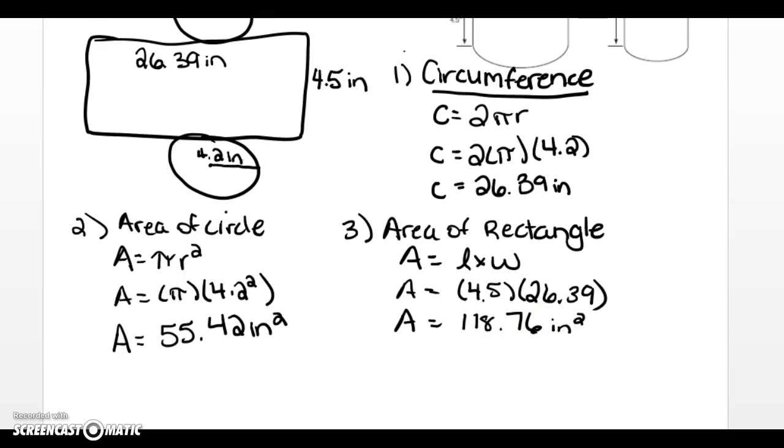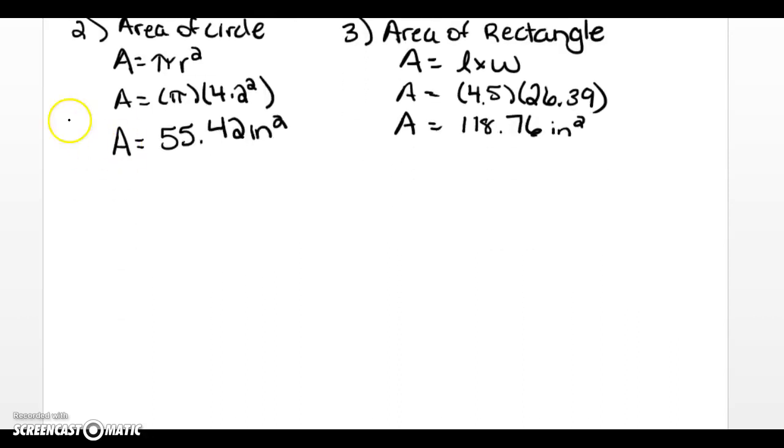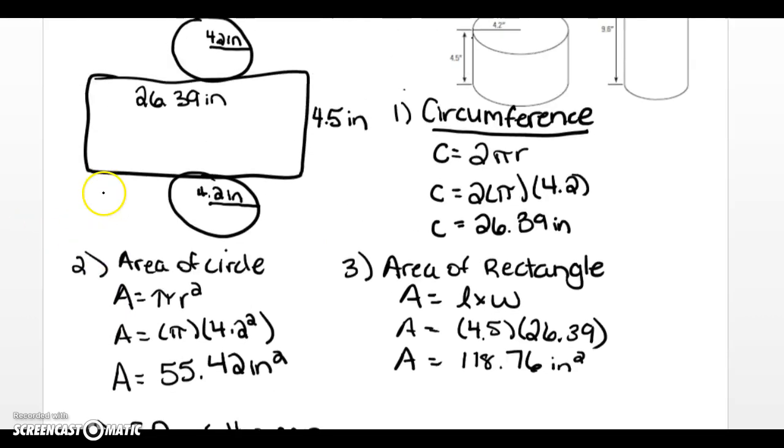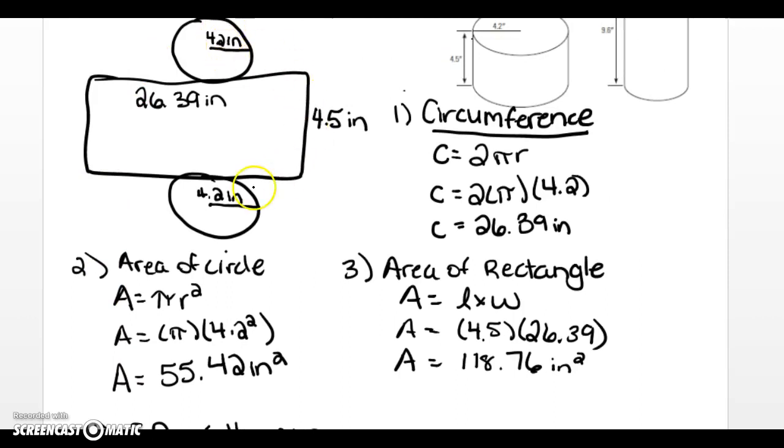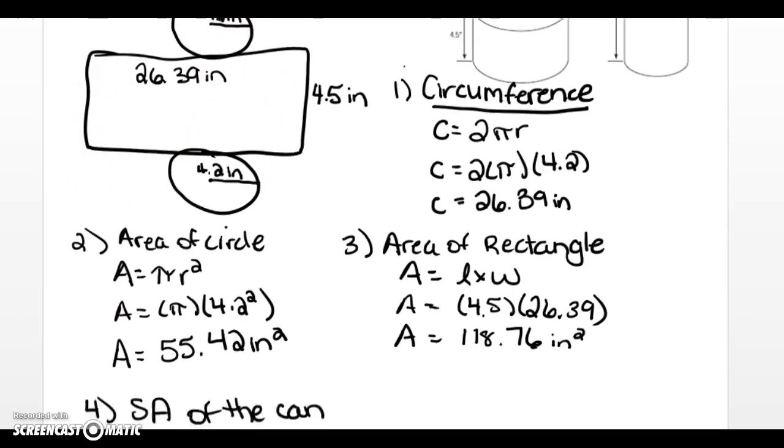So moving on to our last step for can number 1, we need to find the total surface area. So this would be step number 4. So the surface area of the can. So essentially all that you do is you're going to take the area of each of those shapes. So we have 2 circles and 1 rectangle, and we're going to add them up.